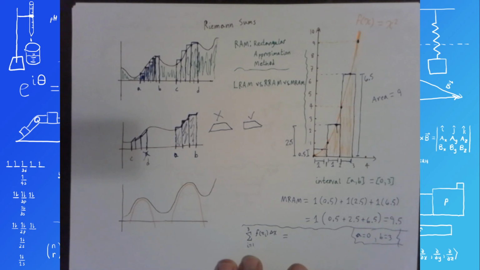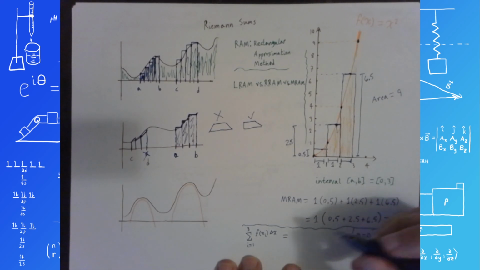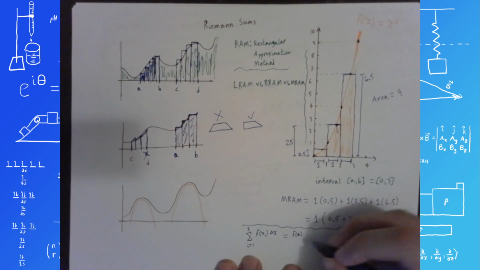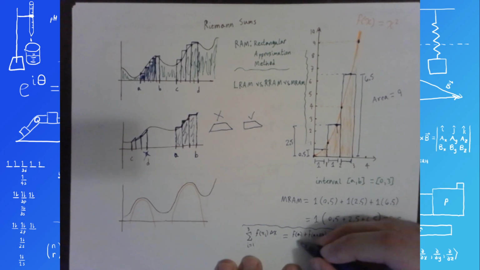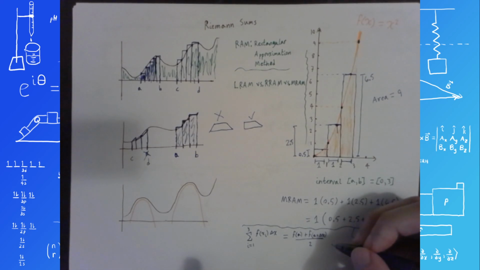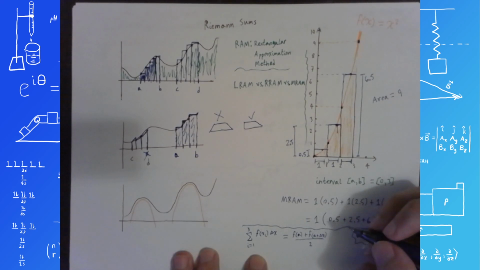I guess we can leave the b out of it. So I want to do, let's see, it would be f of a plus f of a plus delta x over 2 is my first term.